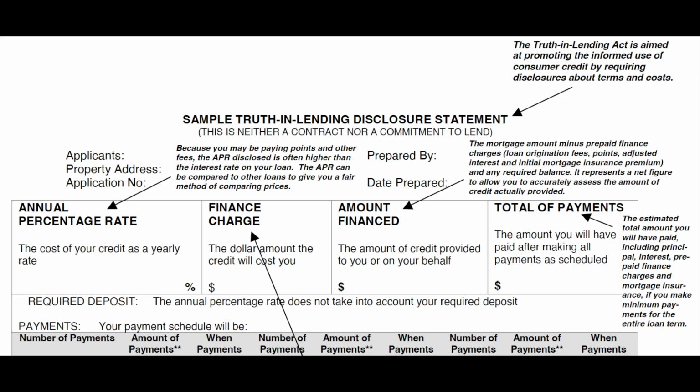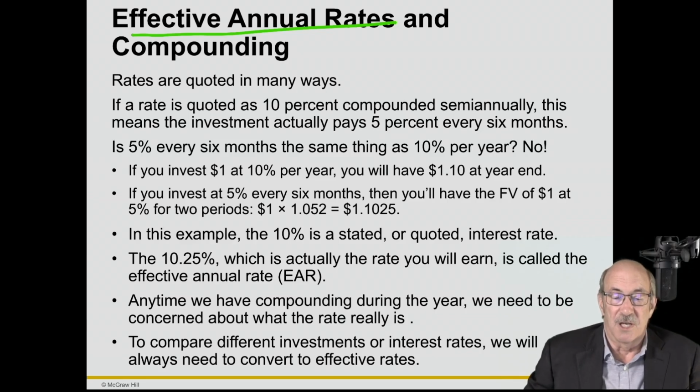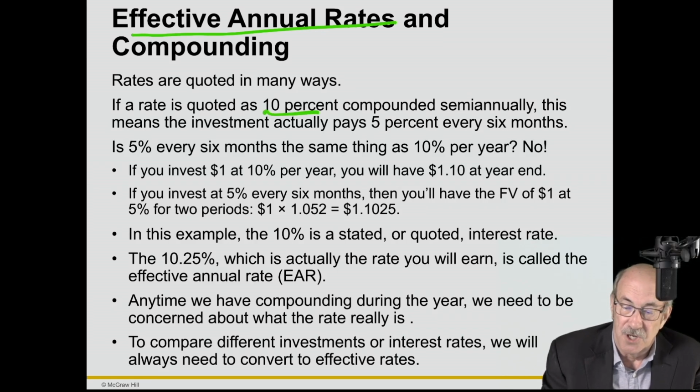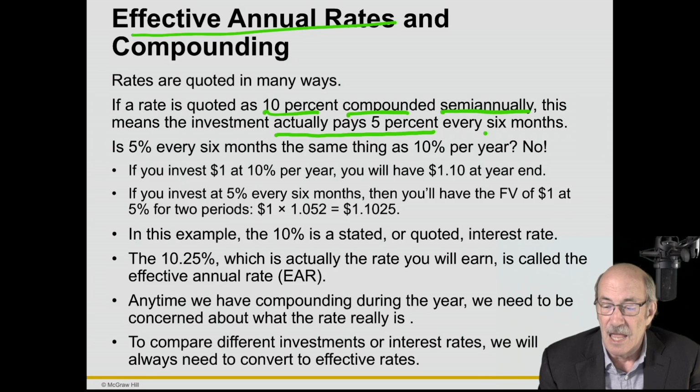Let's go back and talk a little bit more about the difference between these things. So we have a quoted rate of 10% and it's compounded semi-annually. This means that the investment actually pays 5% every 6 months. So is that the same thing as 10% per year?